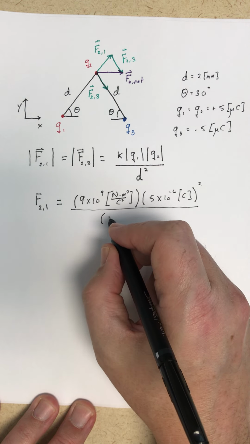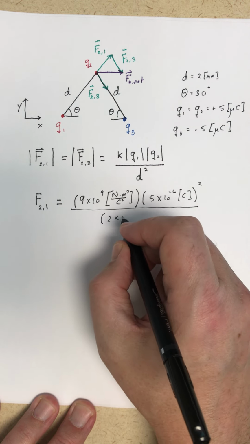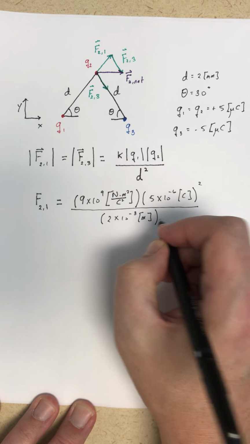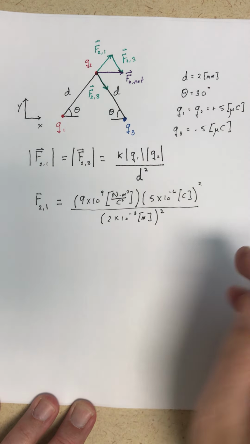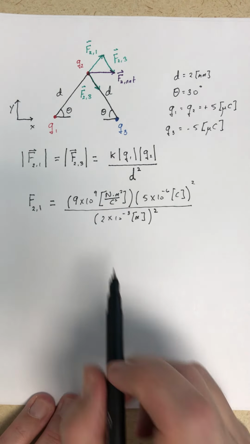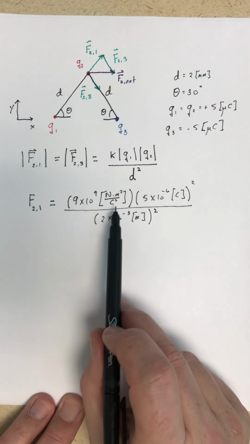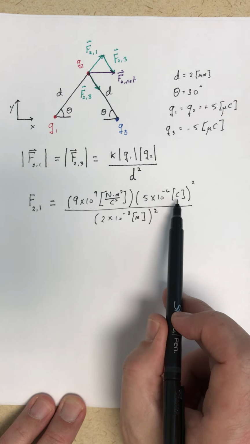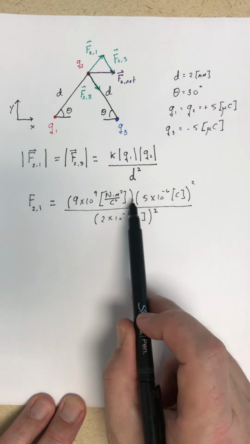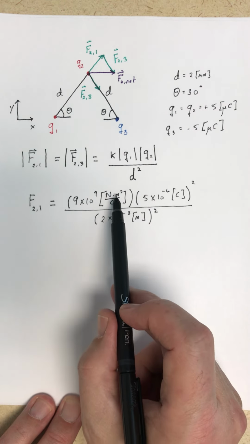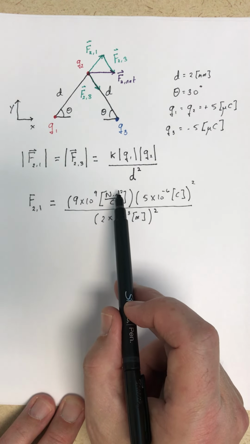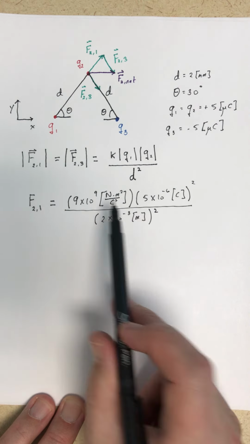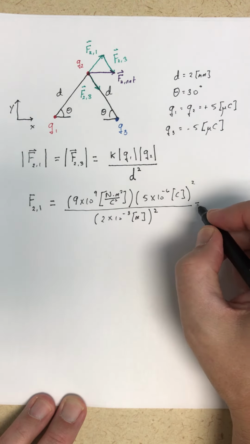So that's going to be 2 times 10 to the minus 3 meters quantity squared. All right. We look at units quick. The Coulomb squared in the denominator from K is going to cancel out this Coulomb squared once I square that term. The meter squared in K is going to cancel out the meters squared in the denominator. So this will be a force in newtons.